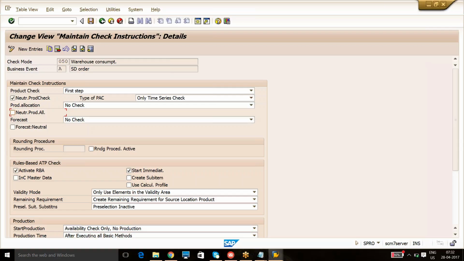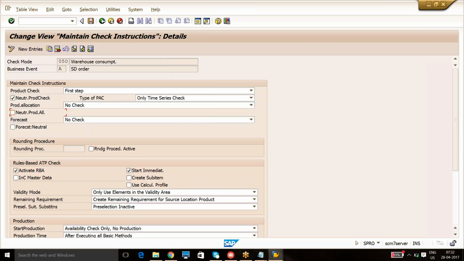In those scenarios I expect some other MAD to come, because product allocation is a specific place we go to when you have a constant supply, or when demand is higher and supply is lower. In those scenarios you expect the MAD will not be the same as the product check would give you, right?